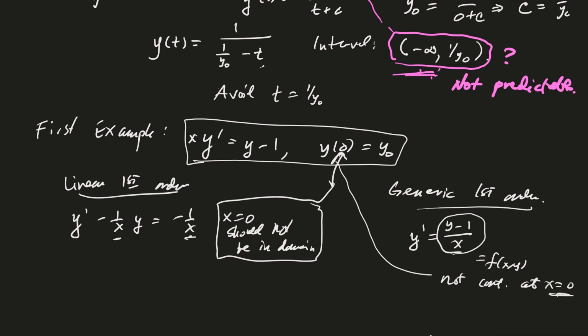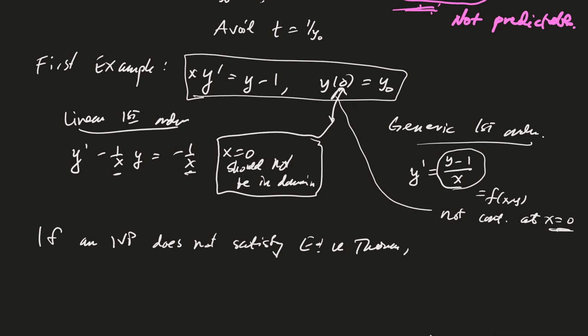Okay, and so what does this mean in particular here? If an IVP does not satisfy the existence and uniqueness theorem, does that mean that it's not solvable?